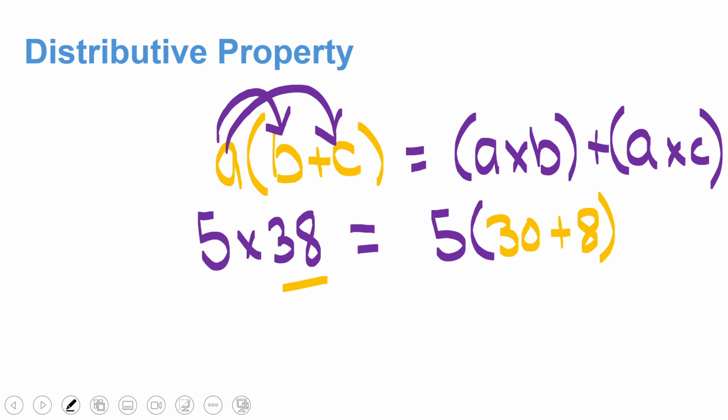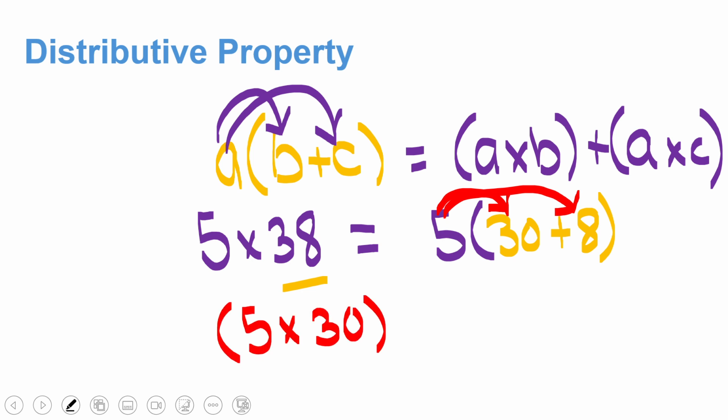If this is true, then we know 5 will be multiplied by 30 and 5 will be multiplied by 8, and we can write that in our next line to see it, just so we can write out an expanded form and evaluate what's going on with it.